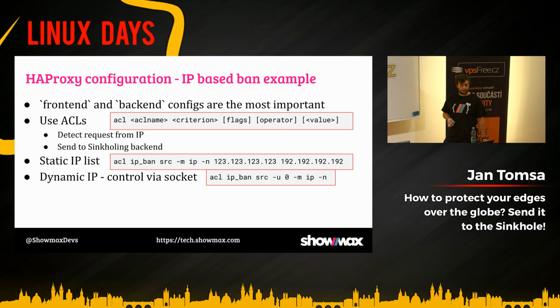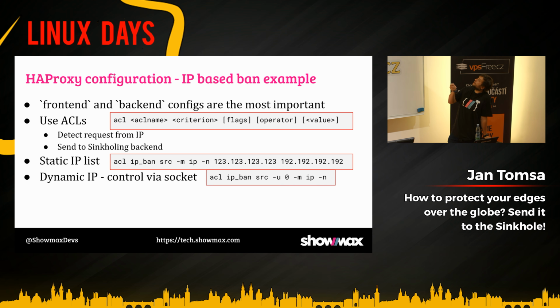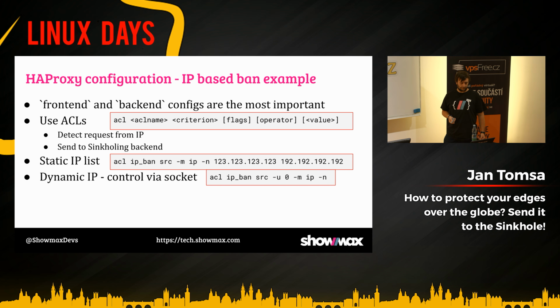Luckily, HAProxy allows dynamic control of these lists, and it can be done via a socket. For that, you only need to change the rule slightly. You don't need to provide an initial list of IPs, and you have to specify a unique ID of the ACL in order to be able to control it later.